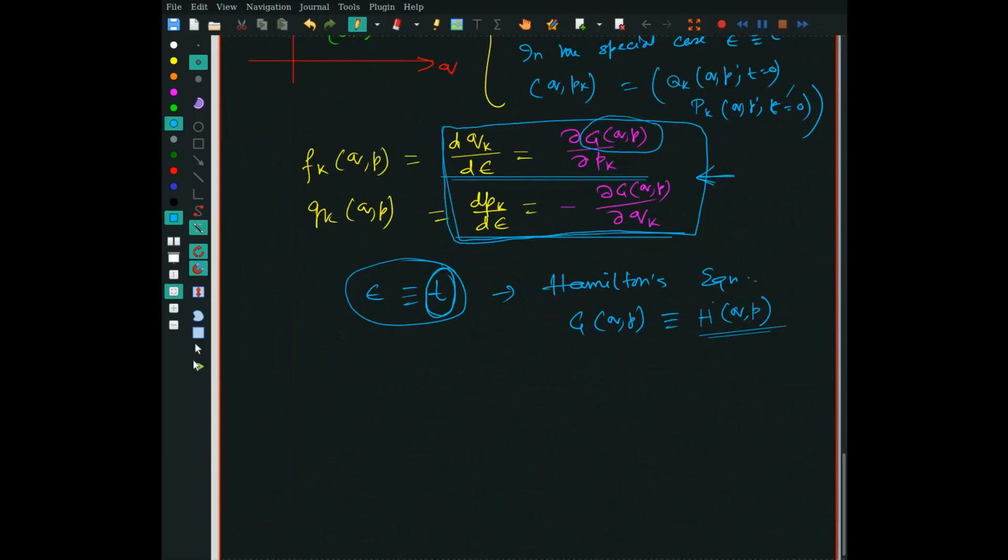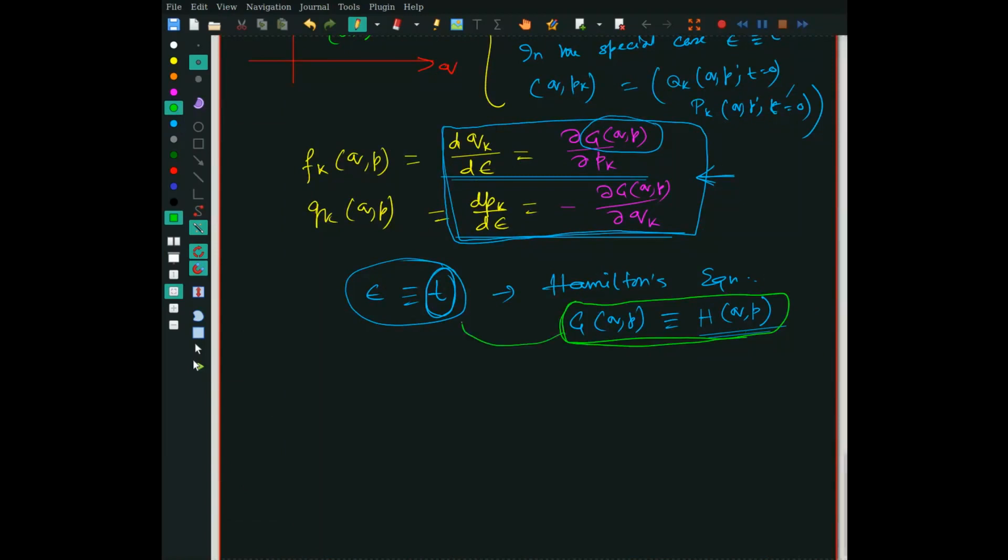the generator. Sorry, in the other way, if you say that my generator is my Hamiltonian, if G is your H, then you get time translation, or time evolution means time translation. And that's why when you talk about the time evolution of states in quantum mechanics, the time evolution operator U is equal to e to the power iHt over h cross.